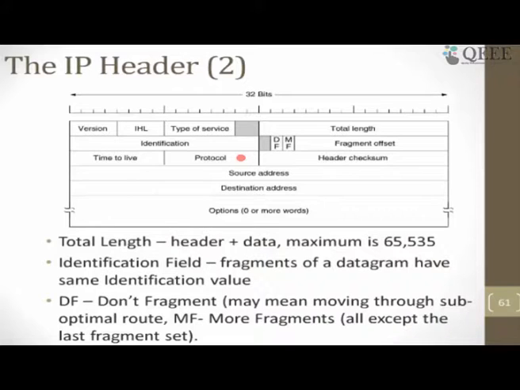Then header checksum is a checksum which takes all the header bits into consideration, and puts some parity bits or some CRC bits to ensure that the header doesn't get corrupted. Okay, and then you have the source address and the destination address. I guess this part is fine.